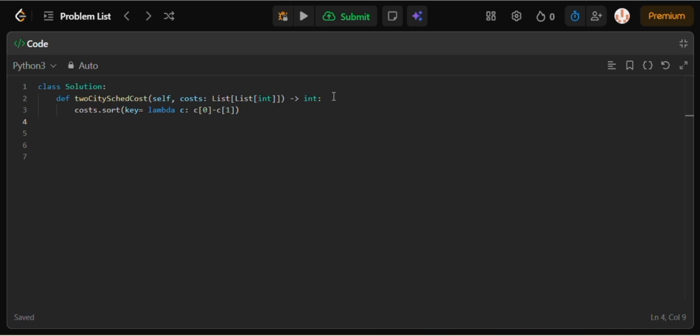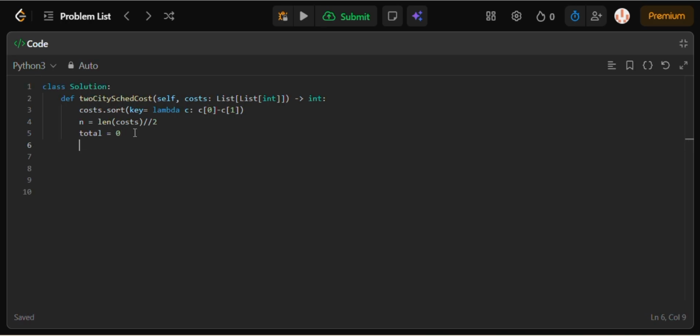Then after sorting, I calculate n, the length of costs divided by two, because half of the people go to one city and the other half must go to the other city. And after this, I initialize total equals zero to track the solution.